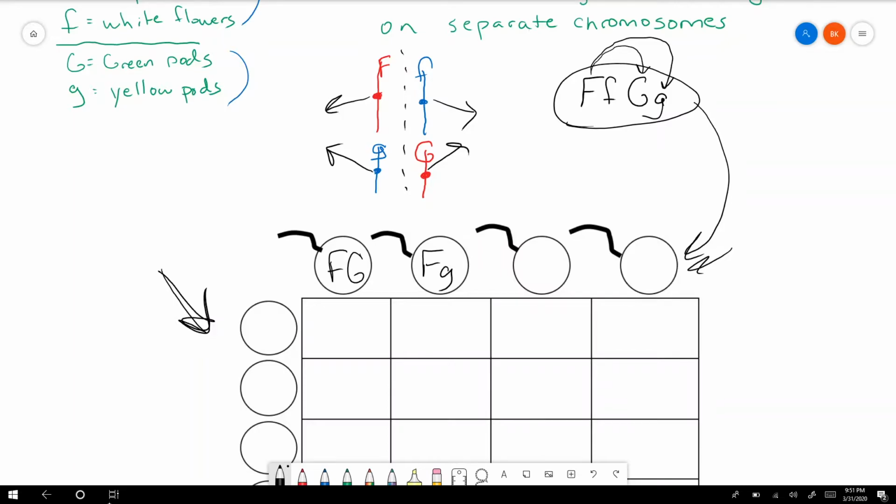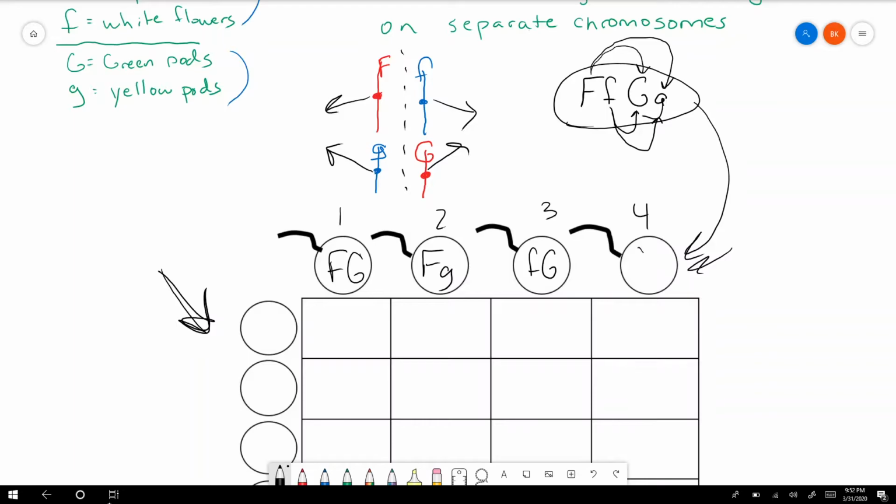What are the other two possibilities? Remember, we have the little f allele, which has an equal likelihood of being the f allele as the big F allele. So there's 50-50. So if there are two alleles that have a big F, there are going to be two alleles, 3 and 4, that will be the little f. The little f can be paired with either the big G or the little g.